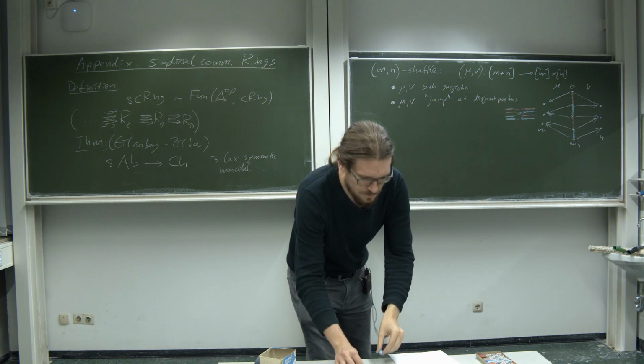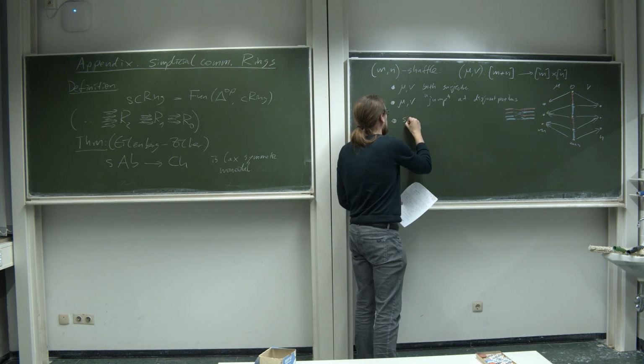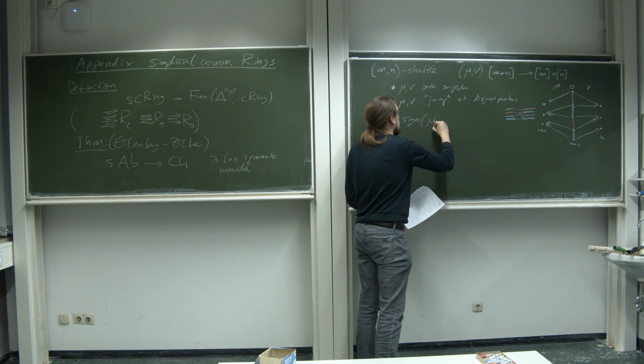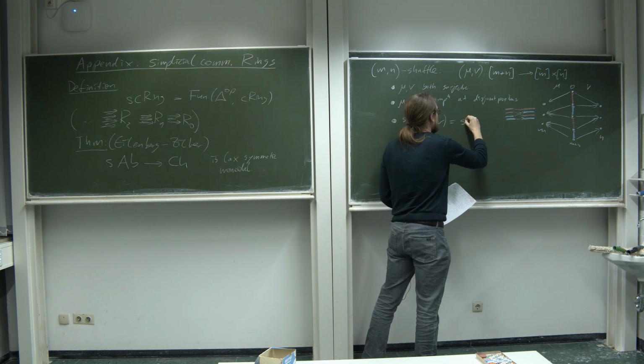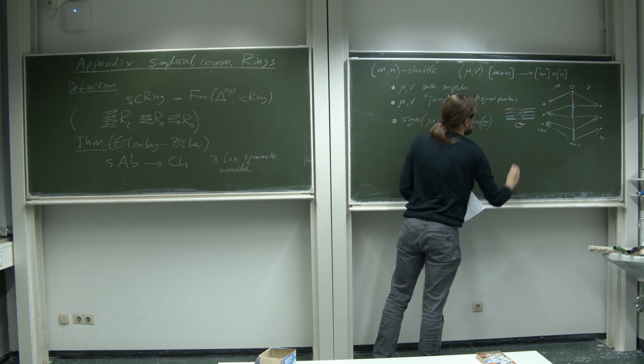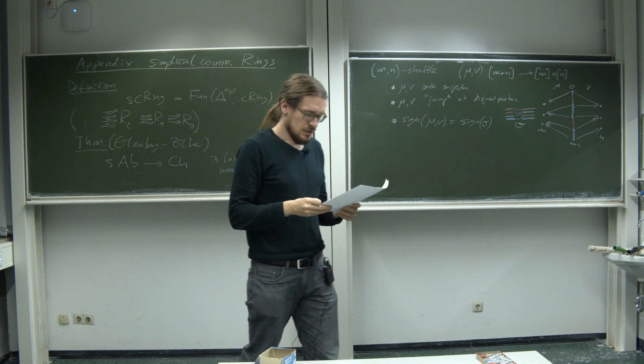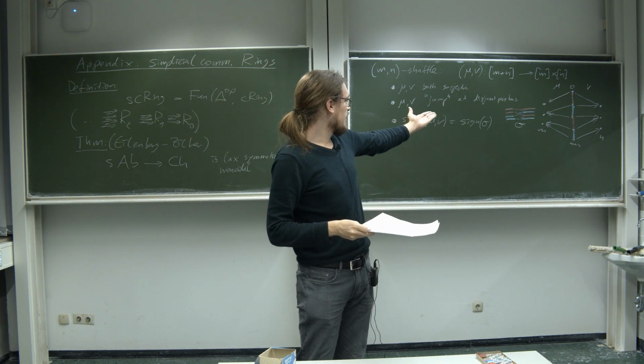So the sign of a shuffle, like this, is simply defined as the sign of that permutation. Let's call it sigma. So in this case, the sign would be -1.